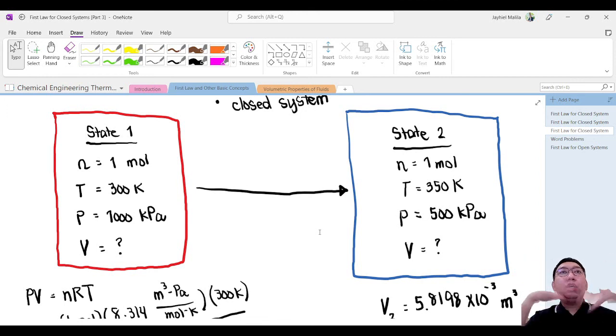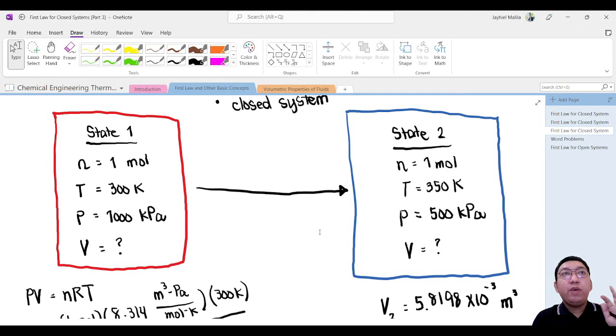So it would be good, from the lecture discussions that were covered probably by your teacher or by me if I'm your teacher, one of the basics of studying first law for closed systems is that there are very common thermodynamic processes done at constant volume and at constant pressure. And these conditions were able to generate thermodynamic relationships between thermodynamic properties.